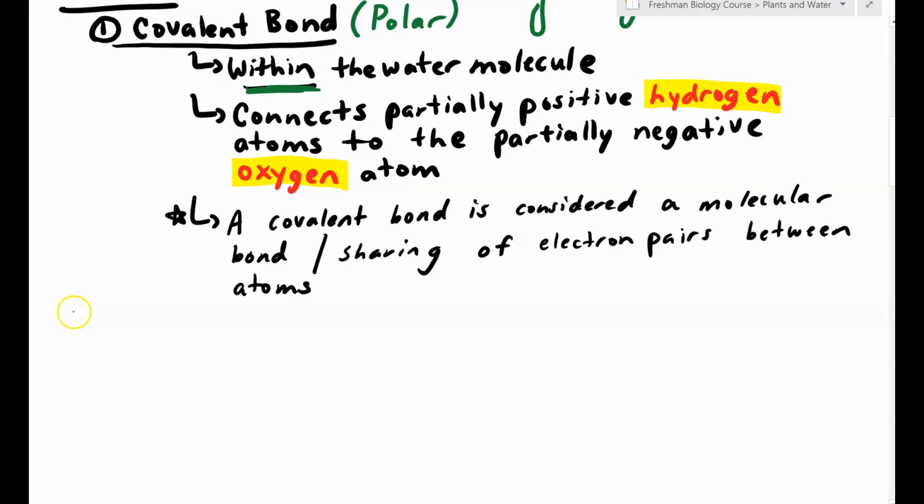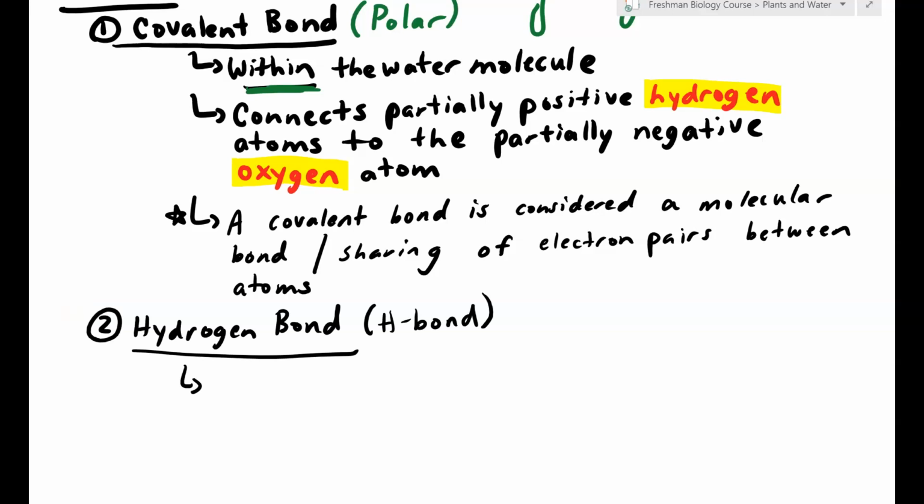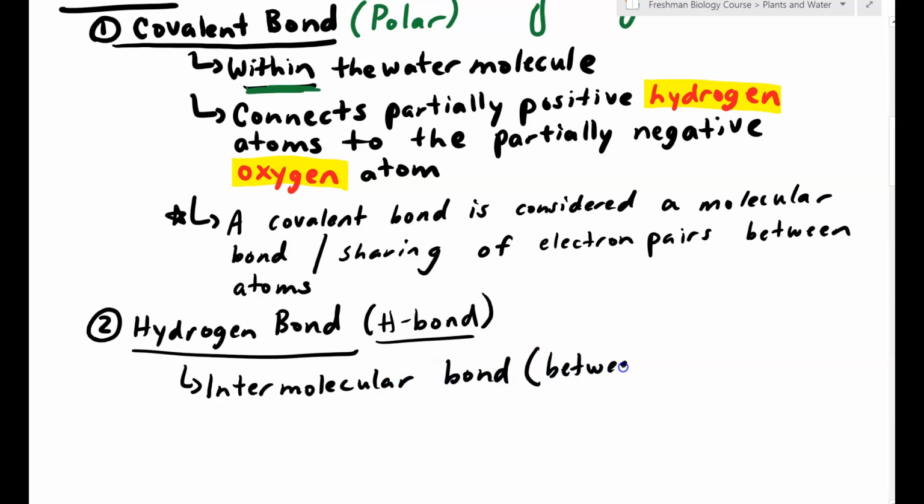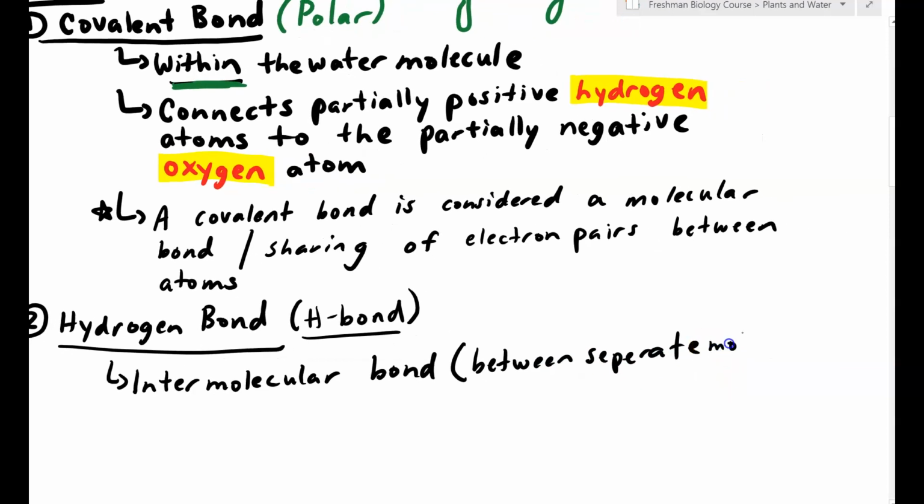Our second type of bond, otherwise known as an H bond, is actually an intermolecular bond, meaning that it occurs between separate molecules. All right, so an intermolecular bond takes place between separate molecules.